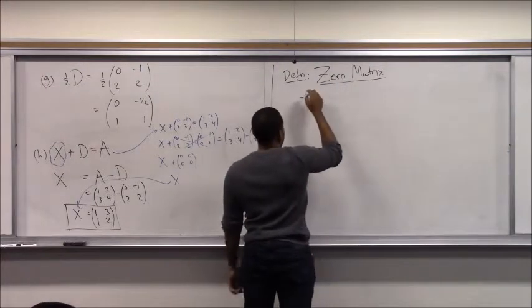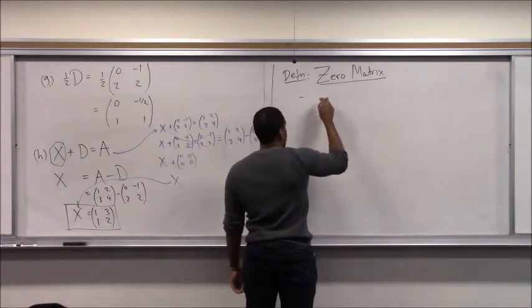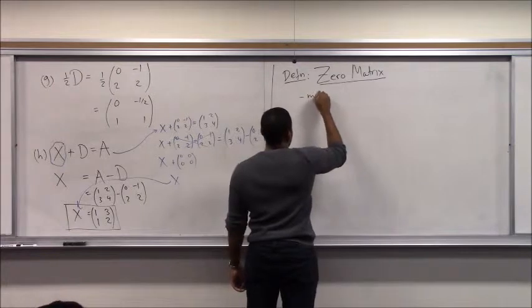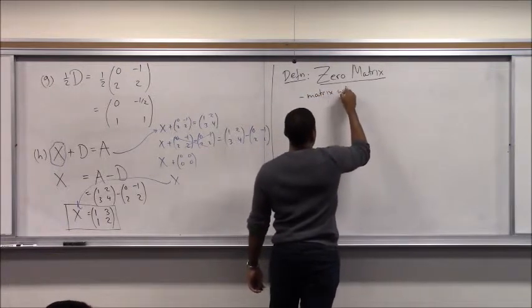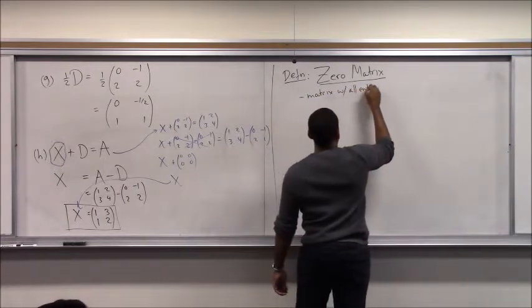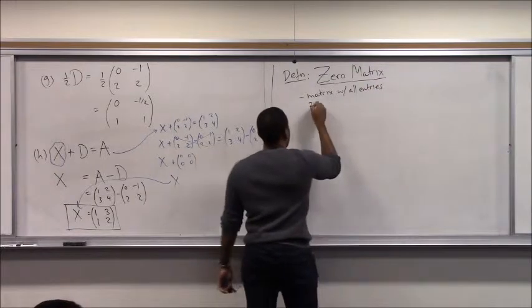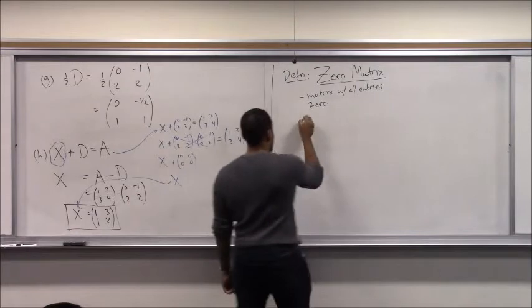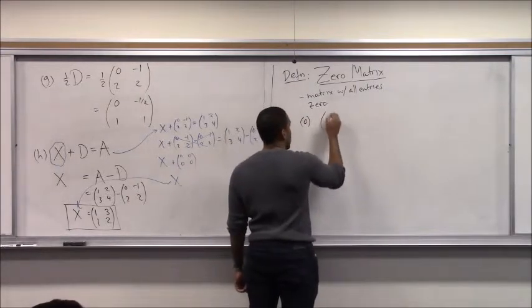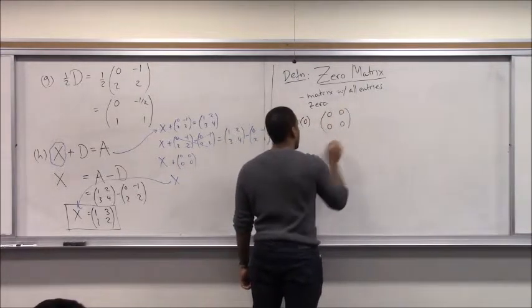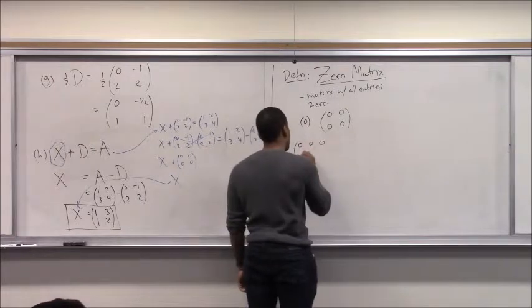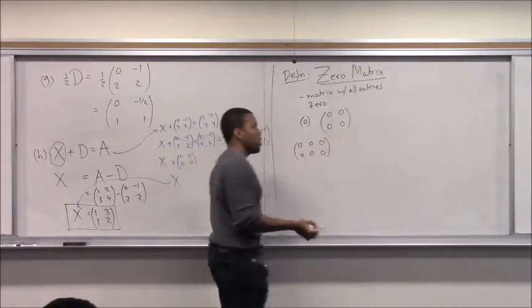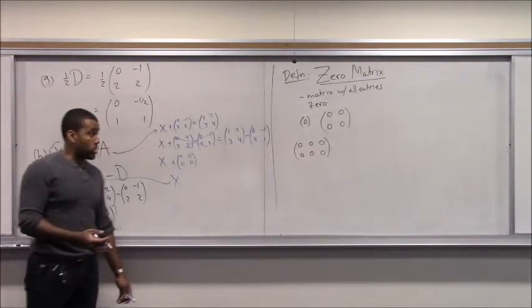And this one is what you would think, at least at this level: a matrix where all entries are zero. I want you to notice they can be different sizes. You can have a 1 by 1 zero matrix, a 2 by 2 zero matrix, a 2 by 3 zero matrix. But if you have every entry being zero, it's called a zero matrix.